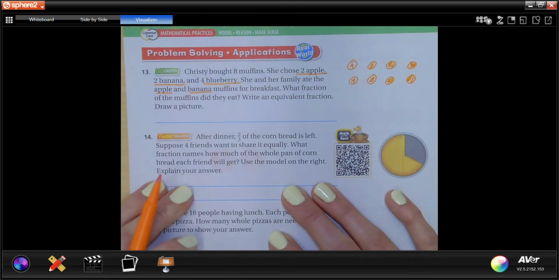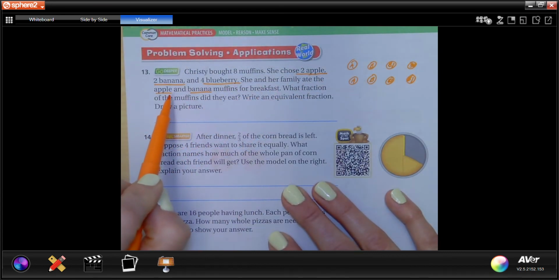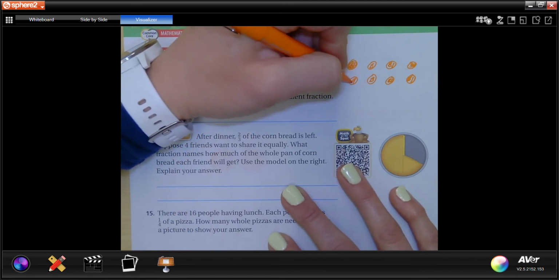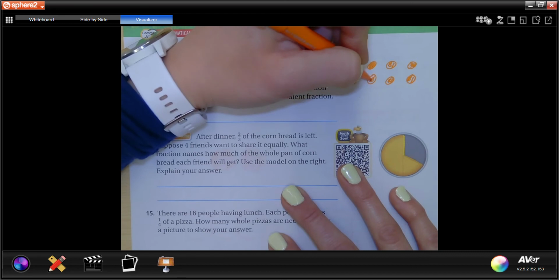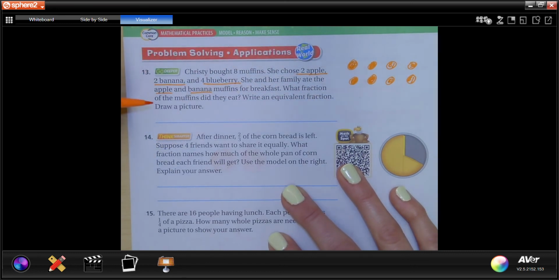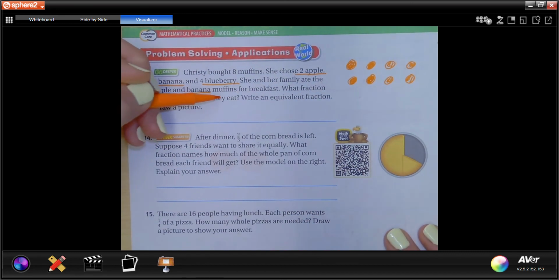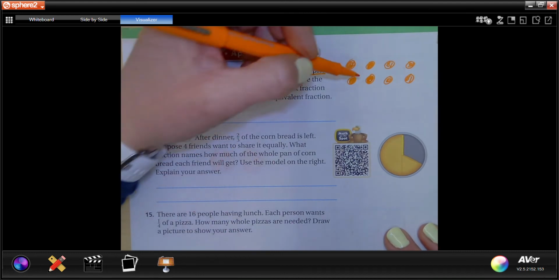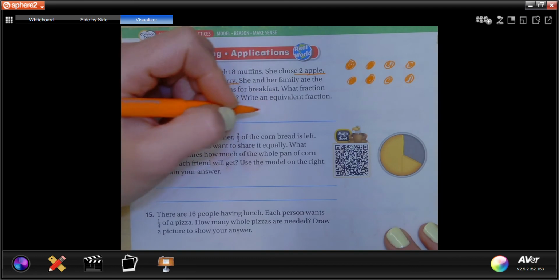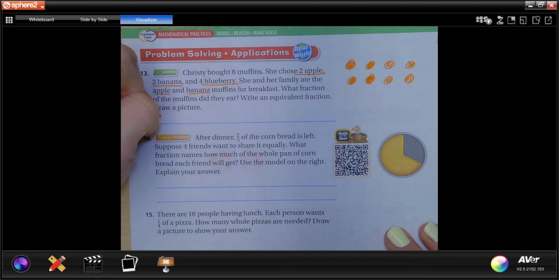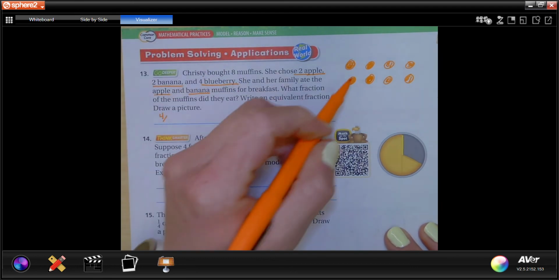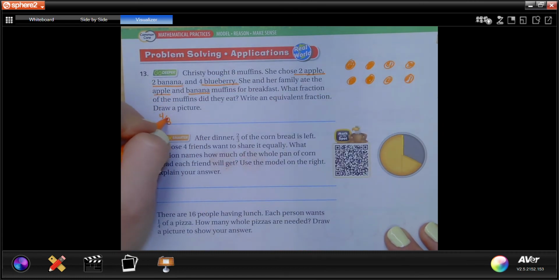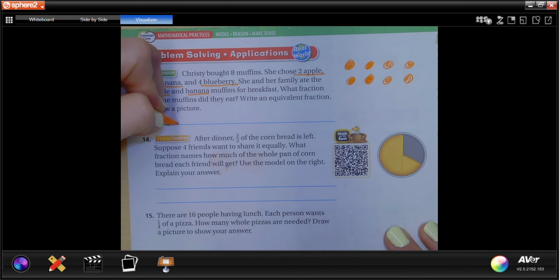Okay. She and her family ate the apple and banana muffins for breakfast. So the 2 apple and the 2 banana muffins they ate for breakfast. What fraction of the muffins did they eat? So they ate 1, 2, 3, 4 out of 1, 2, 3, 4, 5, 6, 7, 8 muffins. 4/8 of the muffins.